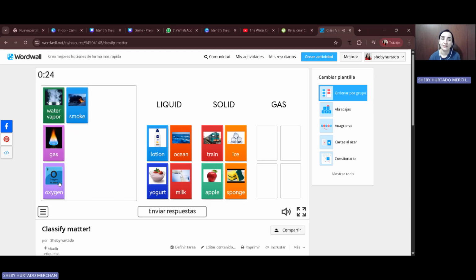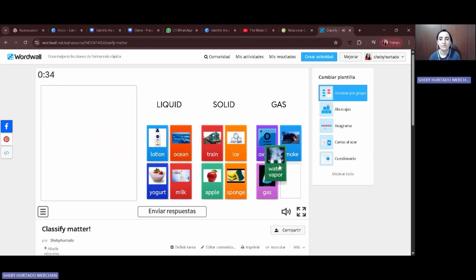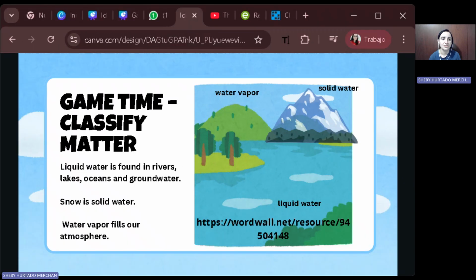The solid looks like rubber. Yes. Gases: oxygen, gas, and water vapor. Okay, that is the activity. And let's continue to the presentation.